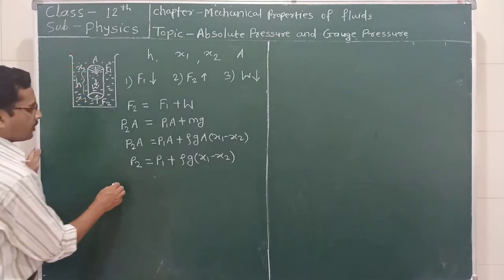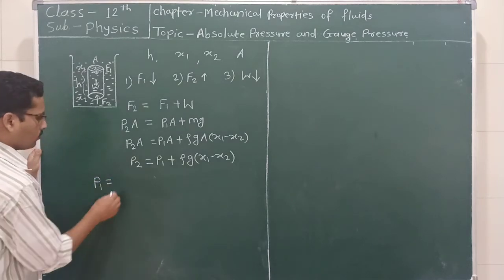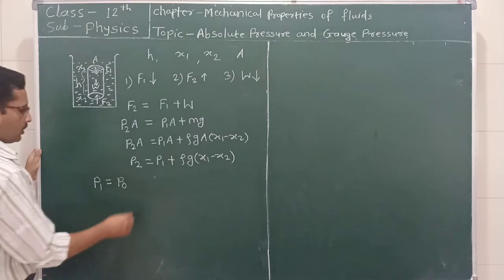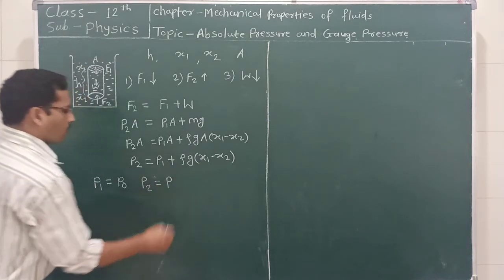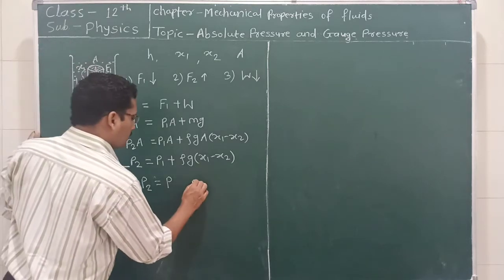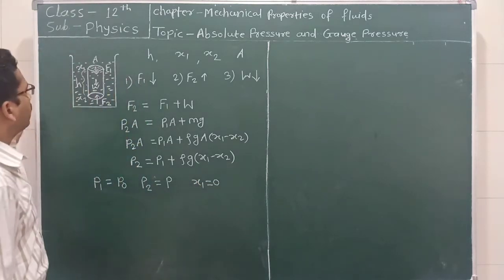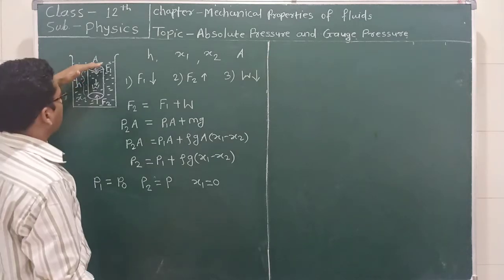So we can keep the values as P1 equal to P0, that is atmospheric pressure, and P2 equal to P, the pressure to be determined. x1 equals 0 because we consider the reference point on the upper face, which is at the liquid surface.